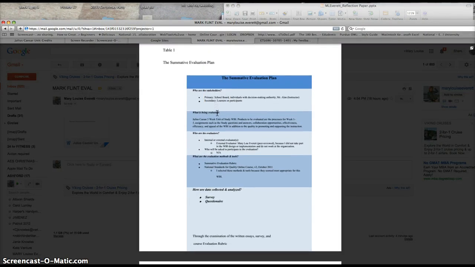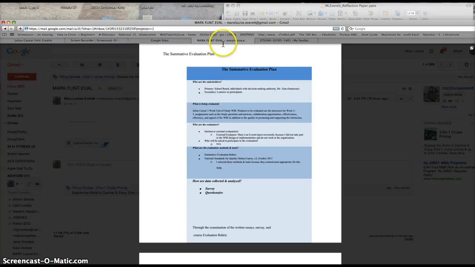This was my summative evaluation plan. I answered the questions of who were the stakeholders, what is being evaluated, who are the evaluators, what are the evaluation methods and tools, and how the data would be collected and analyzed.